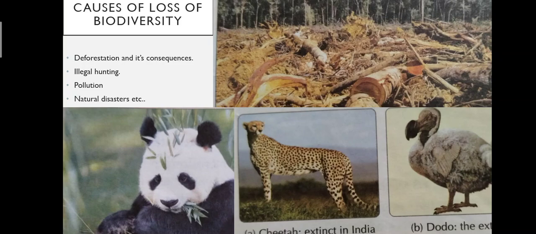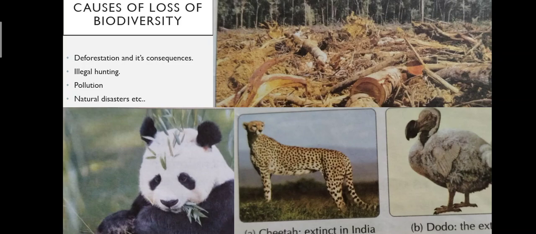For example, giant pandas live only on bamboo shoots, and in the past few decades, more than half of the bamboo forest, which is the natural habitat of pandas, has been cleared for farming and in the name of development.